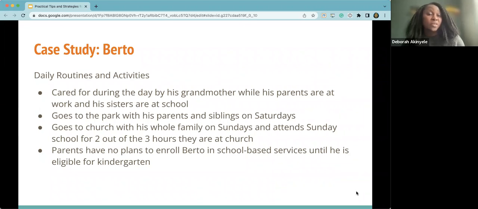For example, if going to the park is a really stressful time because parents are trying to get the siblings ready, get Berto ready, and it's really chaotic, that's maybe not the best time to try to incorporate the use of the device. But maybe another time when they're going out and involved in the same routine of getting ready, putting clothes on, putting shoes on, that would be an opportunity where the family could then practice. And again, understand that with more practice comes more consistency of use and comes more generalization of those skills to other times as well.